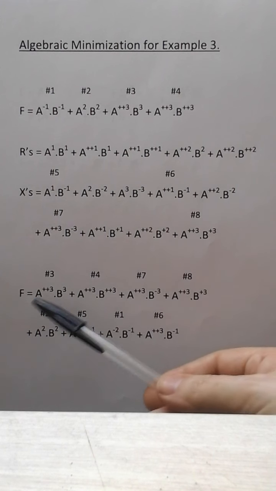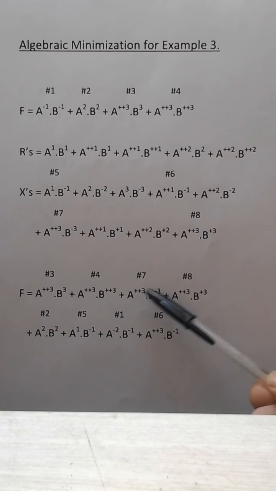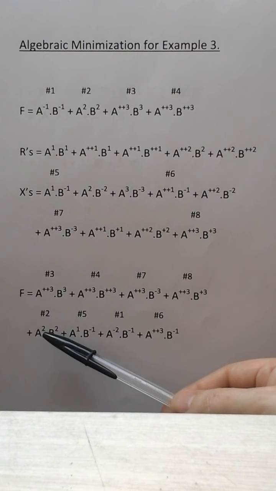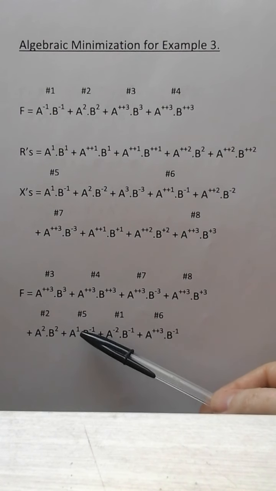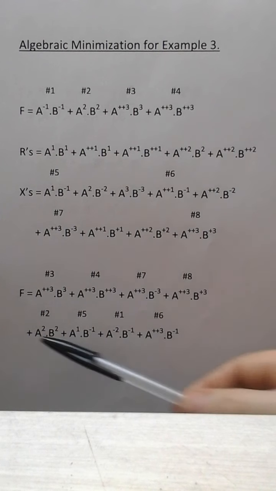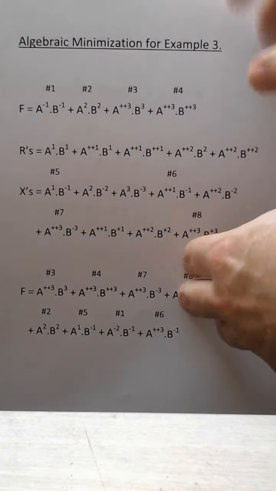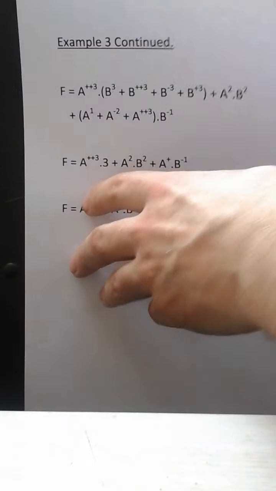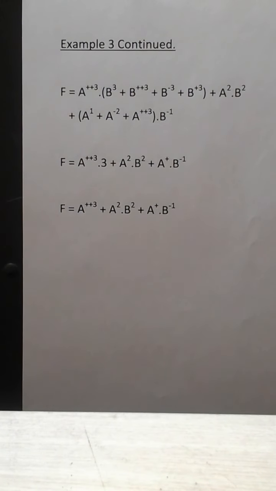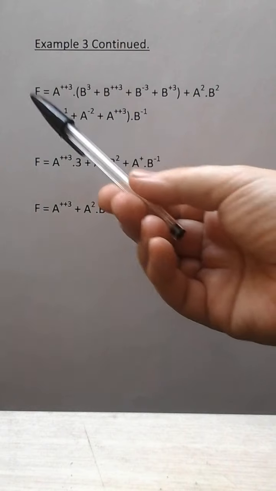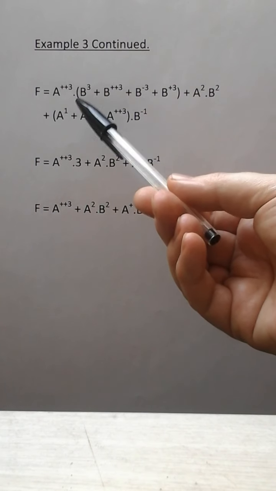So what does this mean? Well, I can factorise the a plus plus 3 here for those four, factorise the a minus 1's here and leave that alone. So let's see what it does. Here, as I said, f equals a plus plus 3.